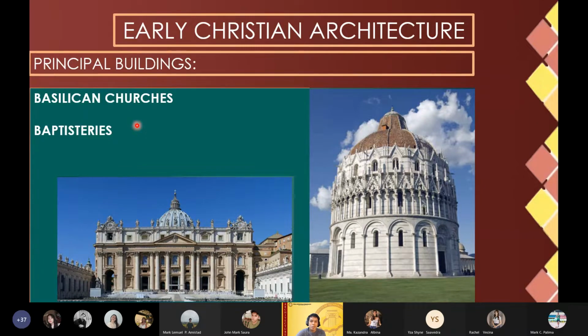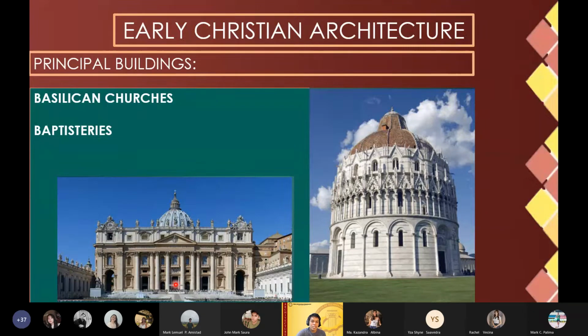So you have to remember two: basilican churches and the baptisteries, which is actually tapad na po sa church. So actually, literally, isa lang ni siya ka-development. But since massive man sad, the way they designed the baptisteries or asa nga to bunyagan, i-baptize, they've separated the type of building. So the church itself, the basilican church, and the baptisteries.